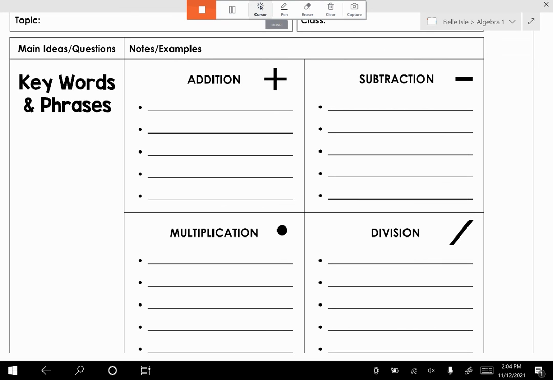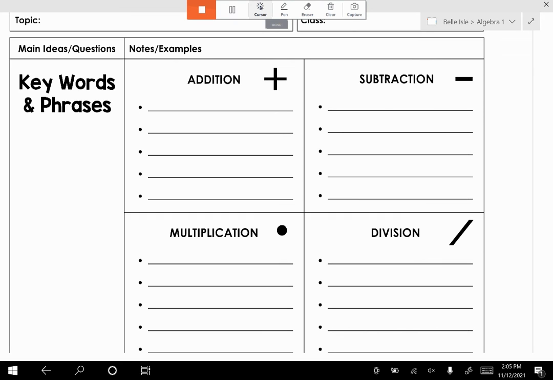Okay. Keywords and phrases. What we are about to do, I know I say this a lot, but I'm really trying to stress to you the importance of this part, because my Algebra 2 students still struggle with it, and they're two maths above.